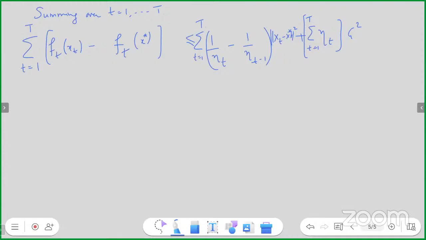So now this is nothing but diameter square, and this cancels out to be at most d square times 1 by eta capital T. This is just straightforward because of the minus. The first term will be with a minus, I can just forget about it. And plus summation eta t, t going from 1 through capital T, G square.